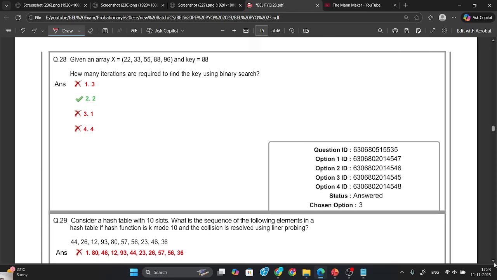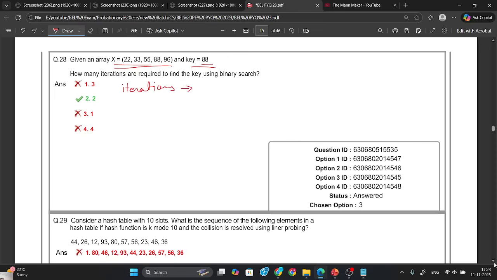Okay, so the given array is this, and the key we have is 88. How many iterations are required to find the key using binary search? So we do the first iteration.